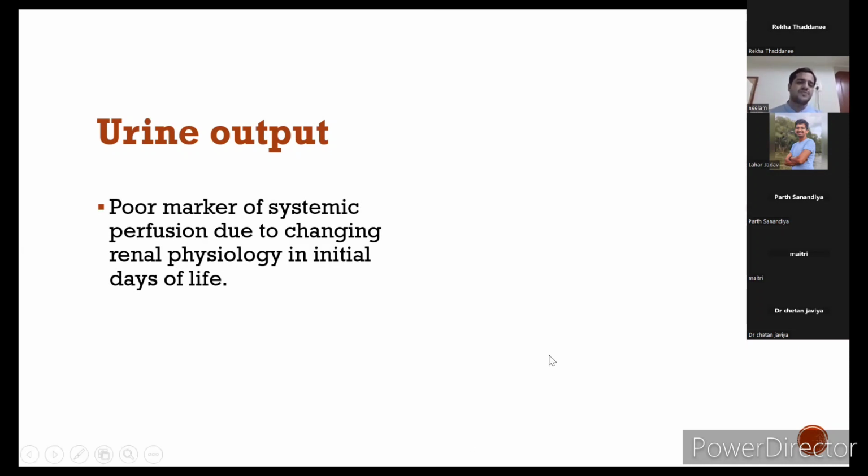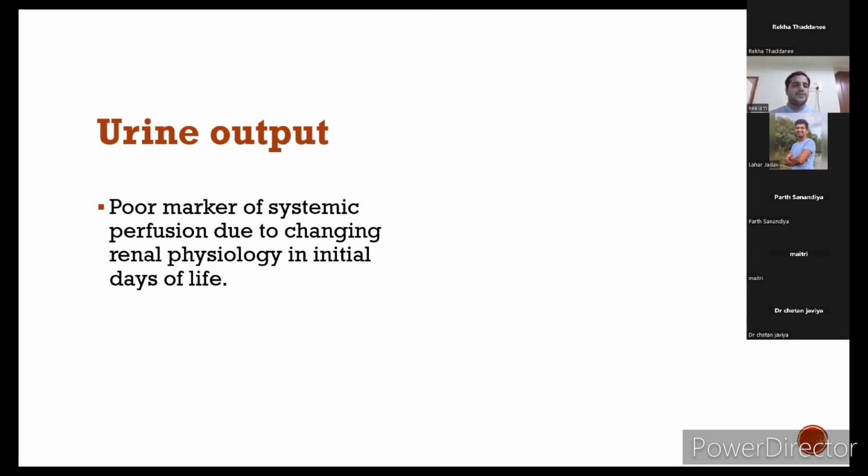But in newborns, decreased urine output may not be a reliable marker for hypoperfusion, because especially in the initial 1 or 2 days, all newborns have physiological oliguria. The kidneys are immature, the filtering capacity is immature, the GFR is low in the initial 1 or 2 days. So in the initial few days, the urine output is less.